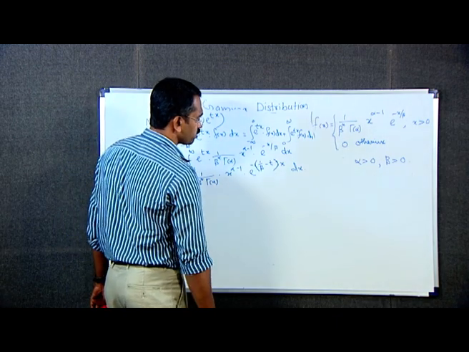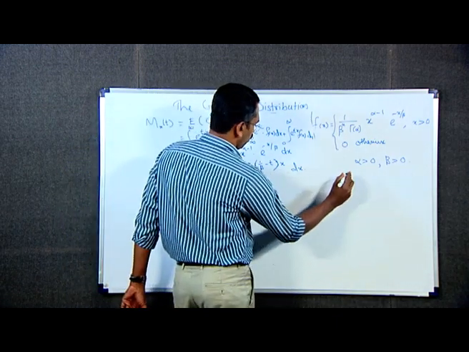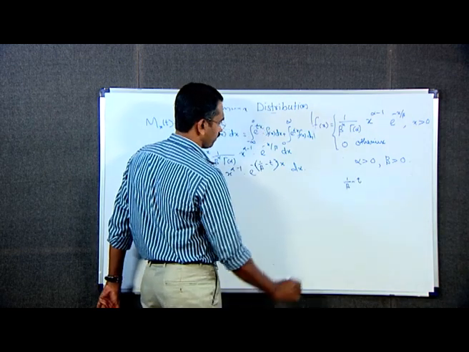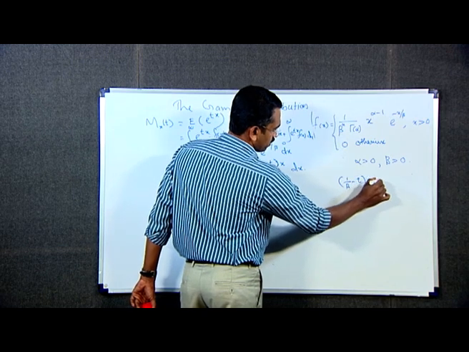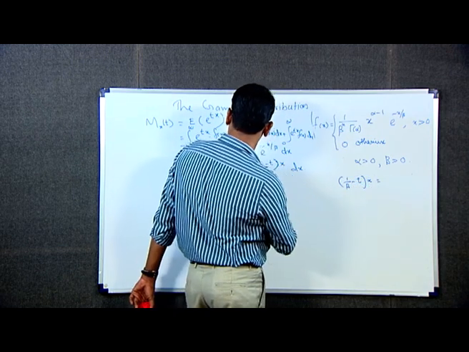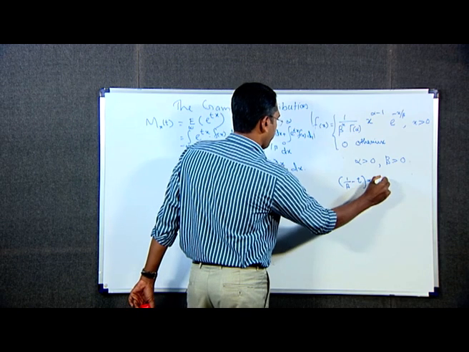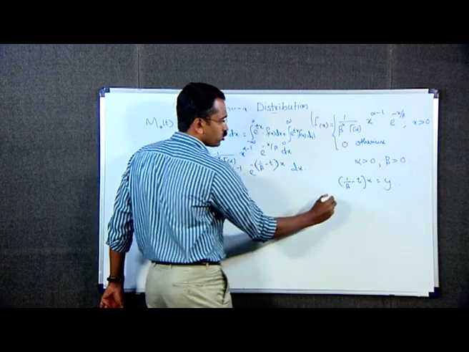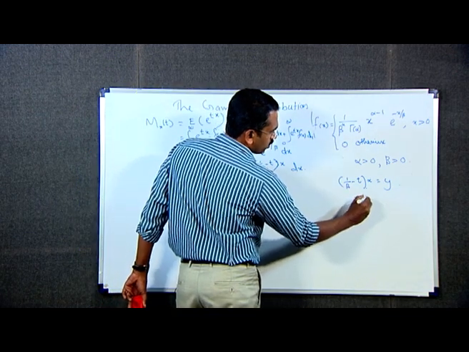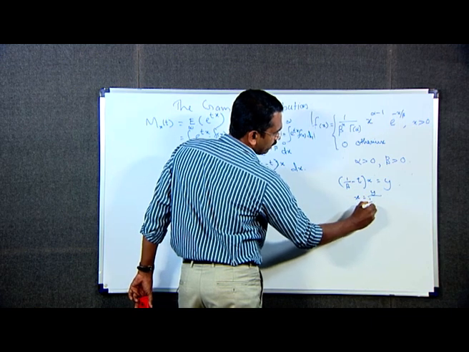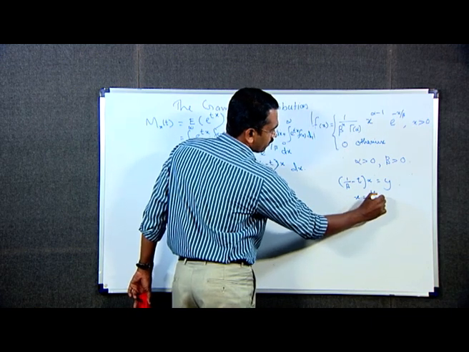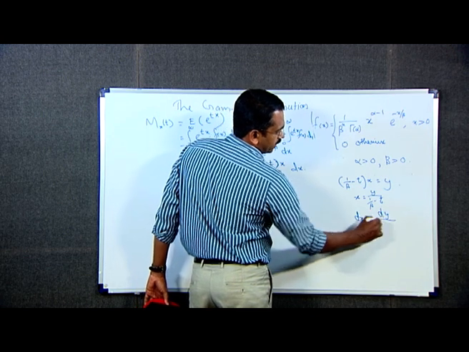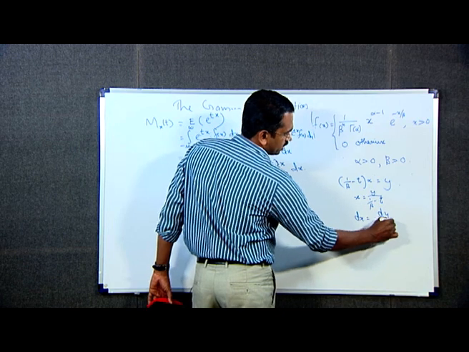Now, we use this substitution: (1 by beta minus t) into x is equal to some y, so that x is equal to y divided by (1 by beta minus t), and dx is equal to dy divided by (1 by beta minus t).